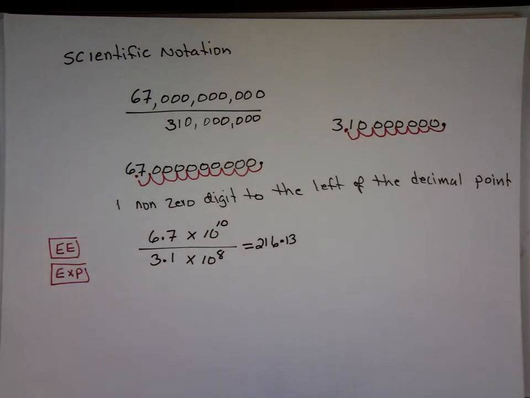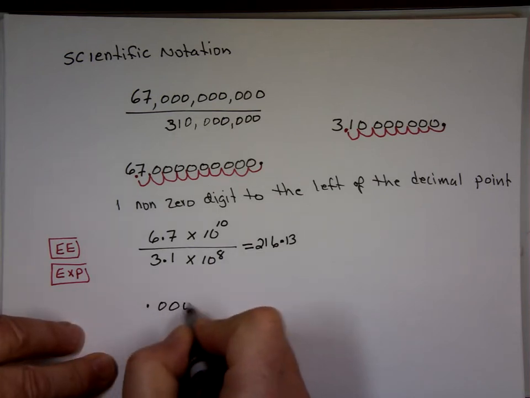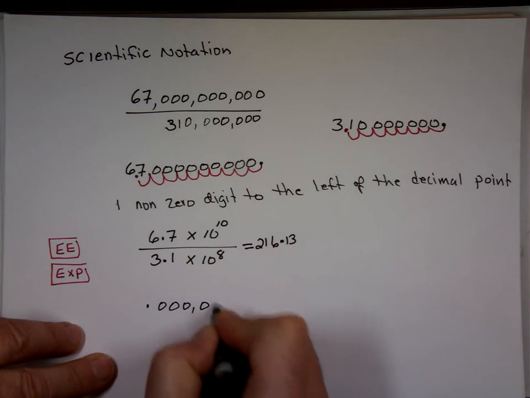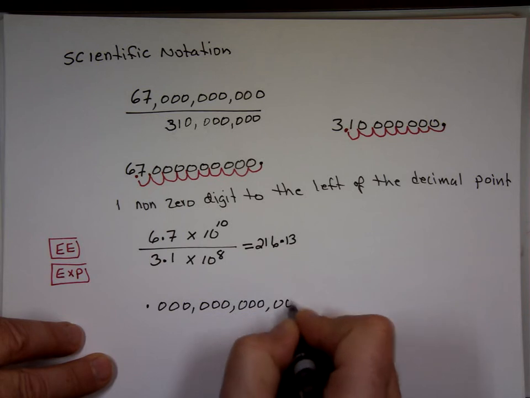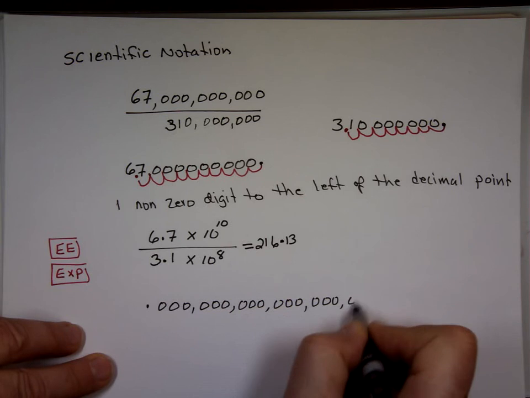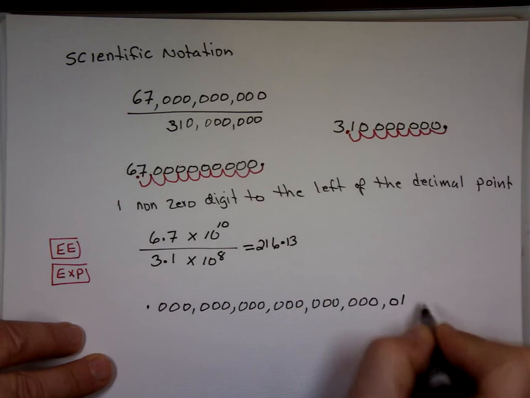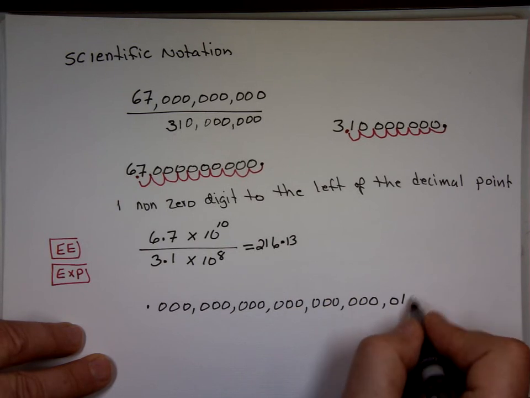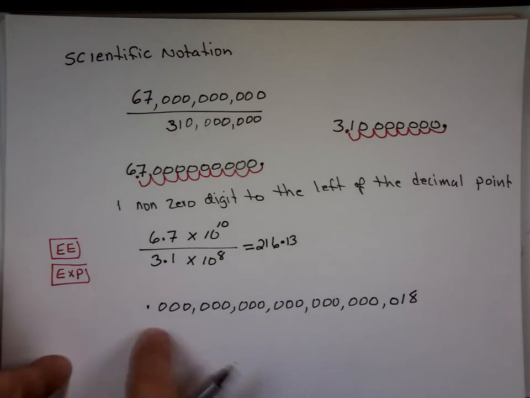For example, the charge of an electron, electricity, the charge of an electron is this small. 0.000000000000000000 18. That's the charge. There's no way you can fit that number on the small calculator.